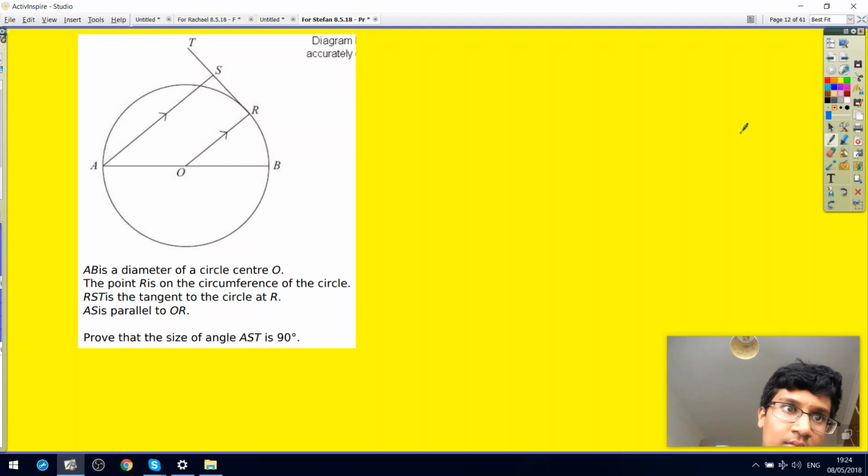Okay, sorry about that. So any idea about this one? So we want to prove that angle AST is 90 degrees. What angles do we know? The angle AOB would be 180 degrees.